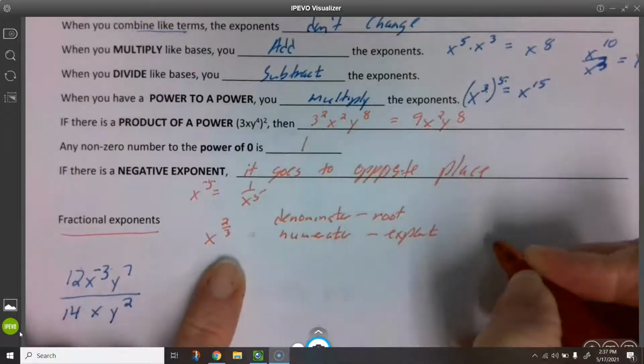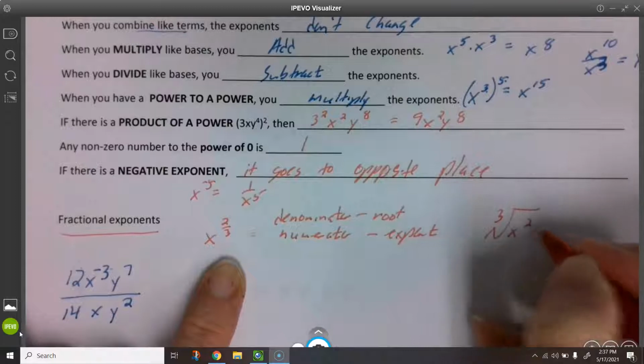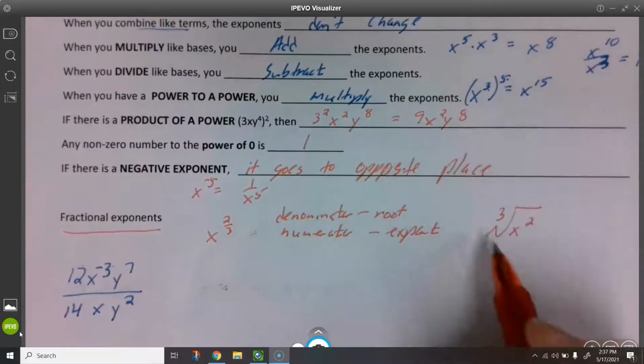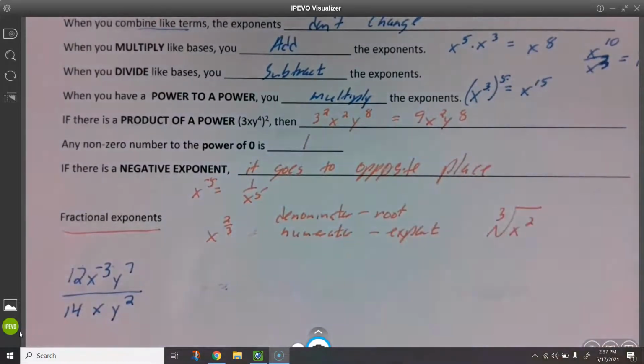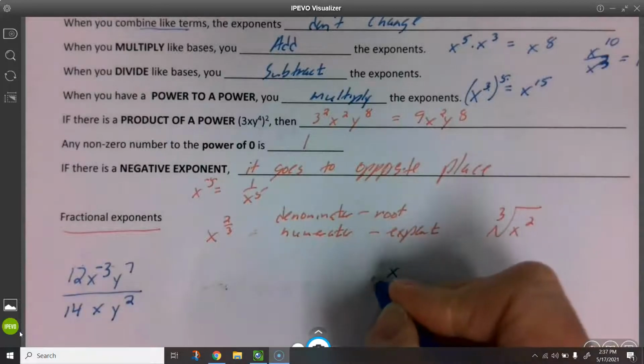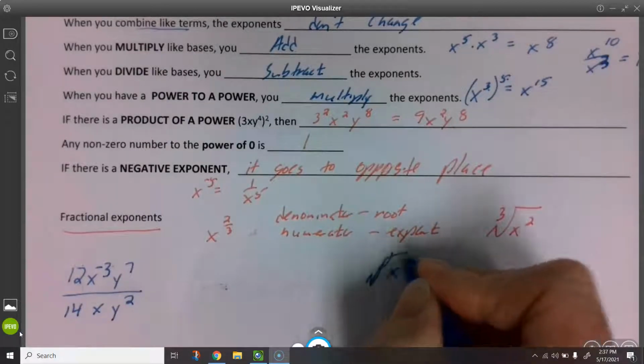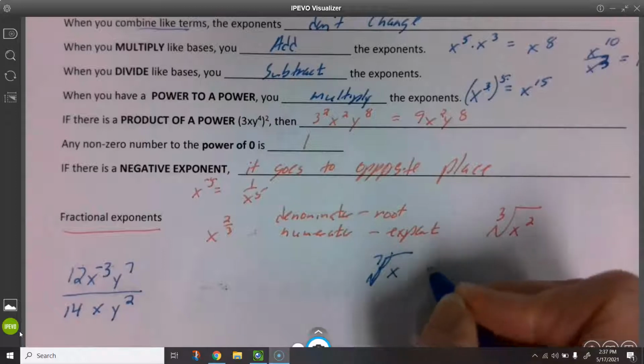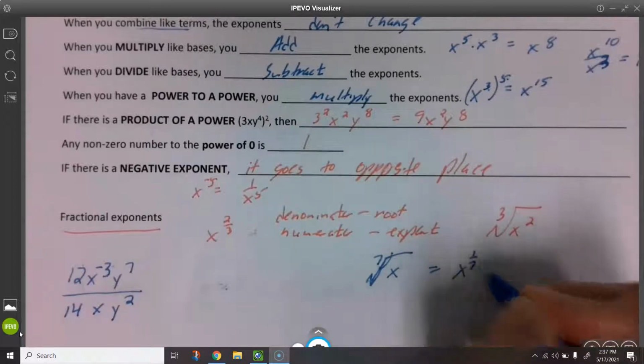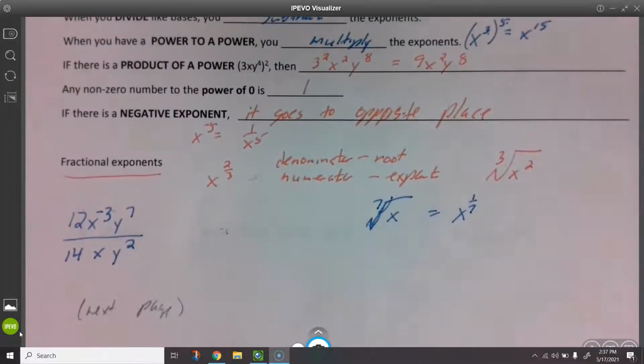So if I have this, that's the cube root of x squared. Or if I would have had the 7th root of x, I would write that as x to the 1/7. Okay, so that's what we mean by fractional.